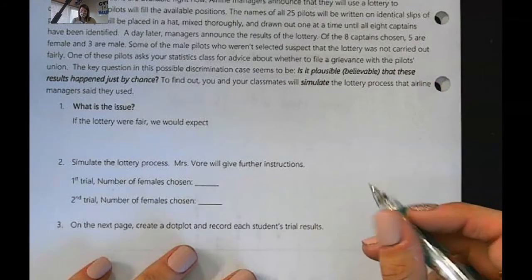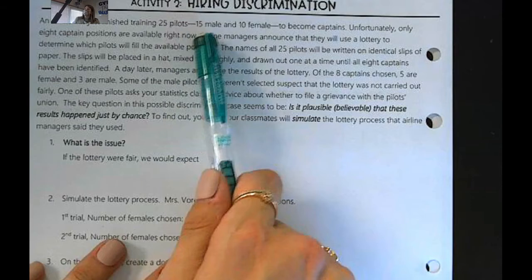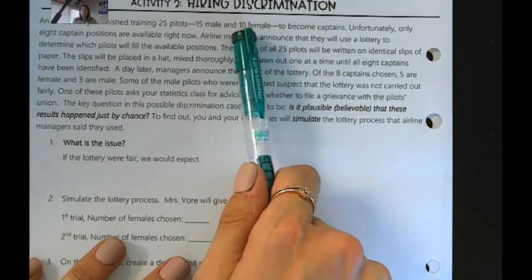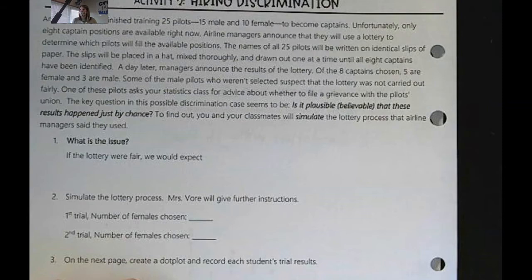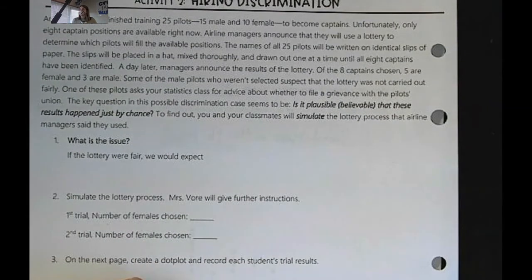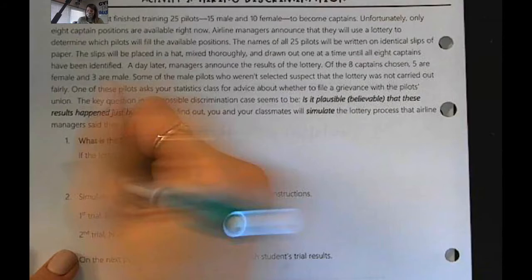Perfect. So what is the issue? What would we expect? Well, if they're training 15 male and 10 female pilots, you would expect when they do the lottery that you would end up having more male captains because there were more males in the training group. So that's what we're going to write here.